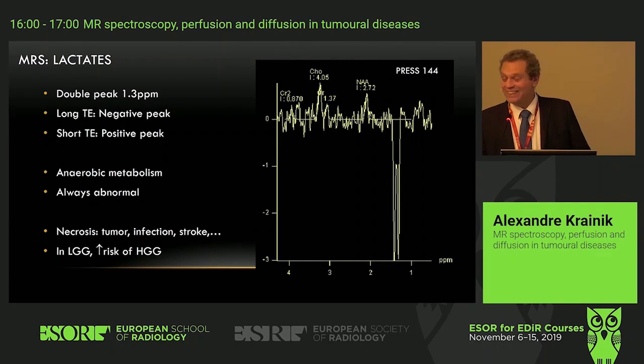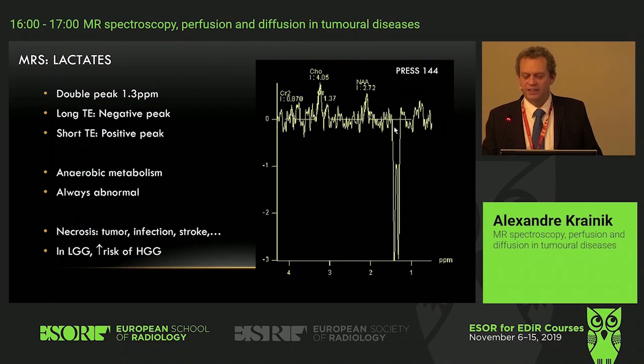And finally, the lactate. Lactate is always abnormal. Again, it's quite tricky because it's a double peak at 1.3, which is negative at long TE, okay, and positive with a shorter TE. It's always abnormal, and again, it's a very unspecific marker of necrosis.